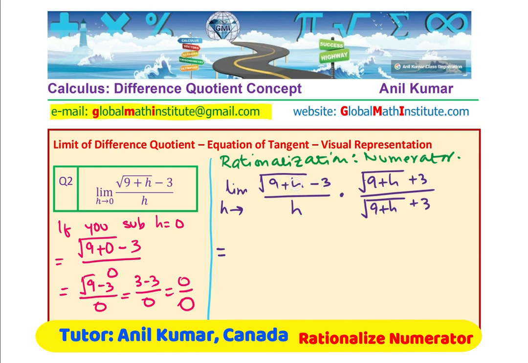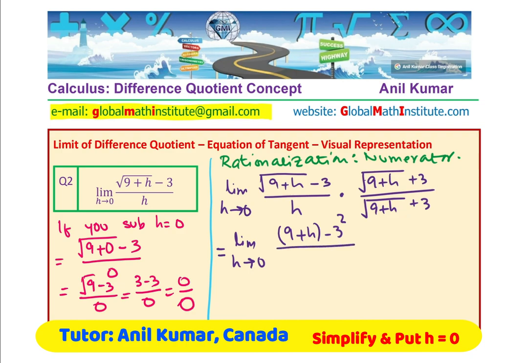In the numerator, you get a minus b times a plus b, right? It's a difference of squares. So we have this as limit h approaches 0. And in the numerator, we get square root of 9 plus h, squared, minus 3 squared. The square of the square root will give you 9 plus h, minus 9, over h times all this, which is square root of 9 plus h plus 3, correct?